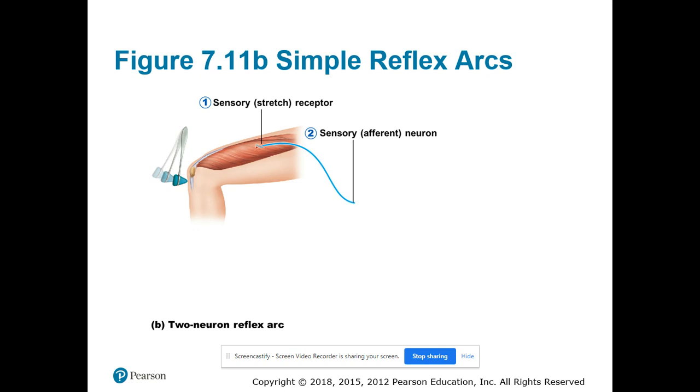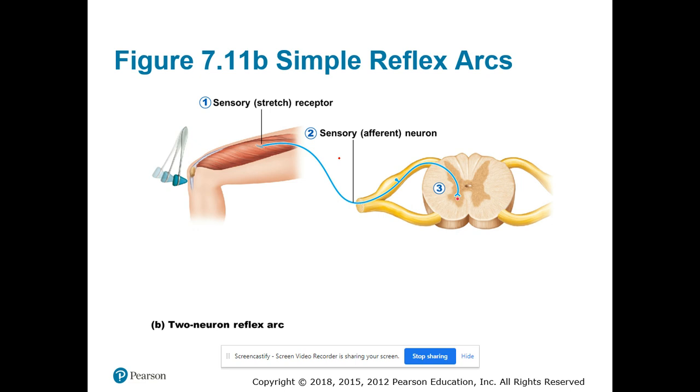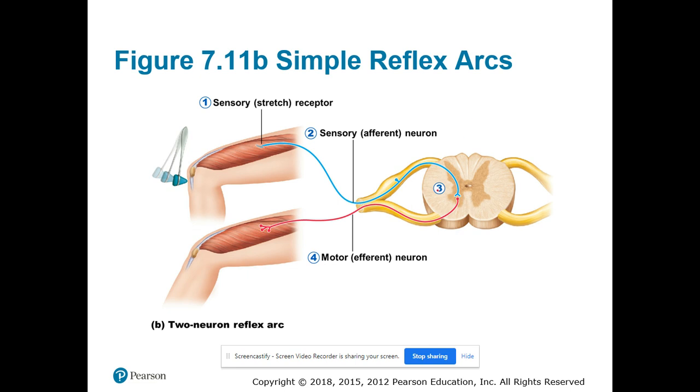So the sensory part is actually in your muscle. It sends it down a sensory pathway to your central nervous system. Notice that there is no interneuron. It goes from sensory straight to your motor, and then it stimulates your muscle to kick out.